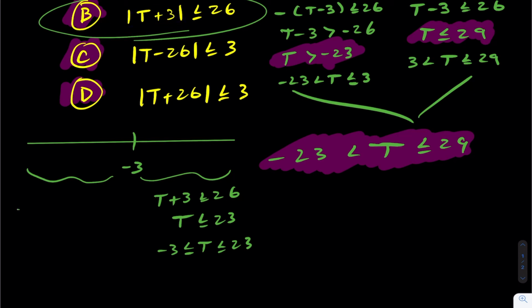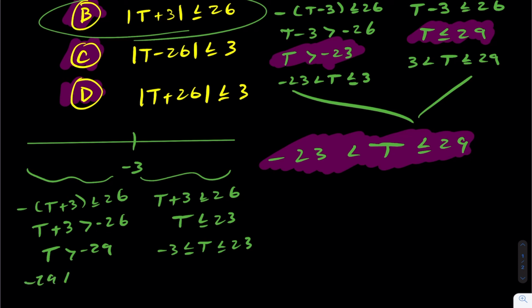And because it's negative, you have to put a minus sign out front. Once again, I multiply across by negative 1, and I subtract this time, I get minus 29. Now in this interval, we're going from minus 29 all the way up to negative 3, and I'm not going to include the equality on that.